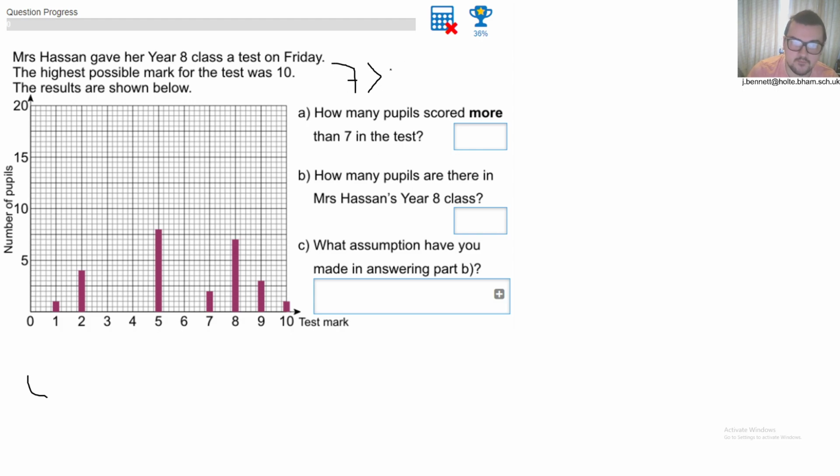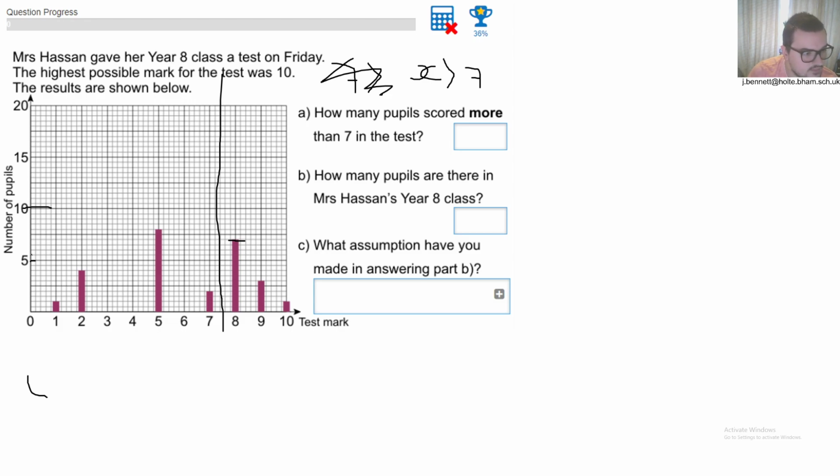So we're going to cross that out. So we want the score to be more than 7. So we look where 7 is, we draw a little line, and we count how many is above. So how many scored 8? Well, it's this amount, but we can't really tell what this is. So here is 10, here is 5.